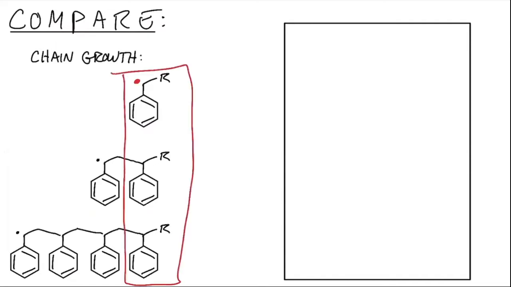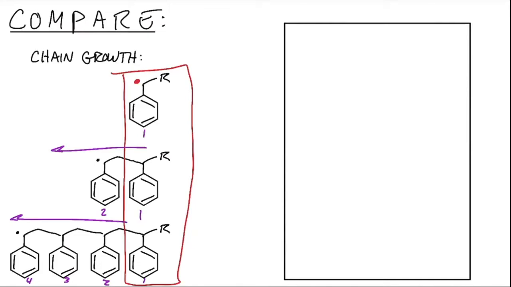That's like the first one. And then we're adding units onto it in succession every time. That gives us a very distinct direction of growth because we have to add the second unit to unit one in this direction. And we have to add units 3 and 4 also in this direction, right? There's no way to go the other direction. That doesn't work because there's nothing there that we can react with.